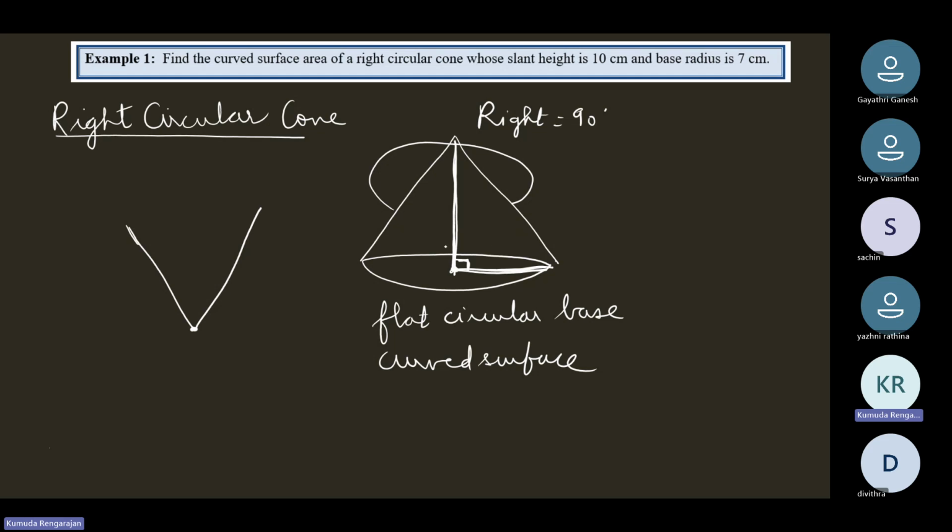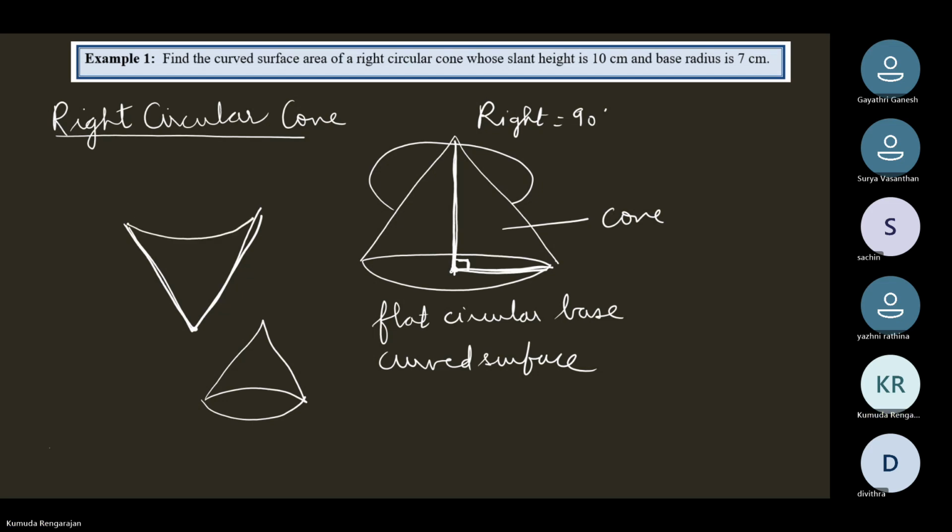So this is an inverted cone. When we say cone, it has to stand on its base like this. This is a cone. This one is an inverted cone. Your ice cream cone is an inverted cone.